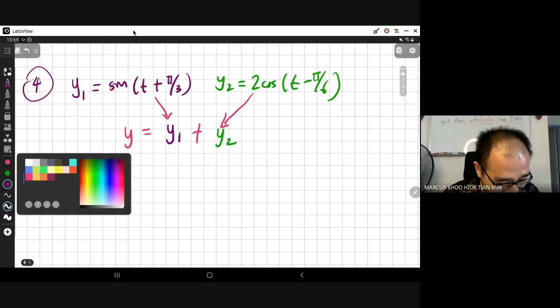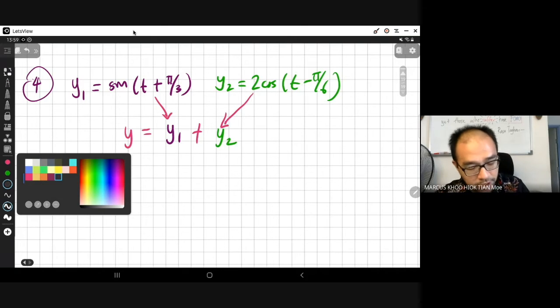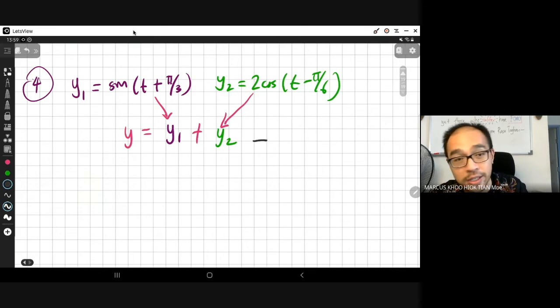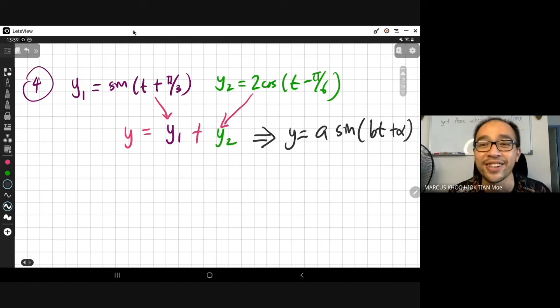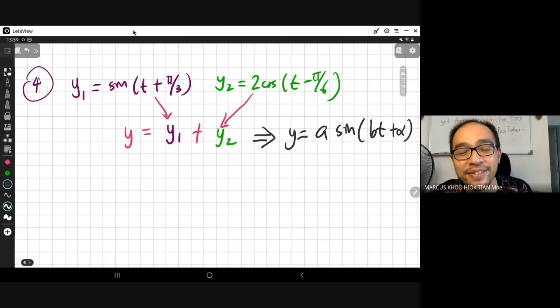My goodness, what a ding dong. We're going to convert them into this form: y equals to A sine bt plus alpha. Then after that, we're going to state the values of, oh my goodness, this is so funny.